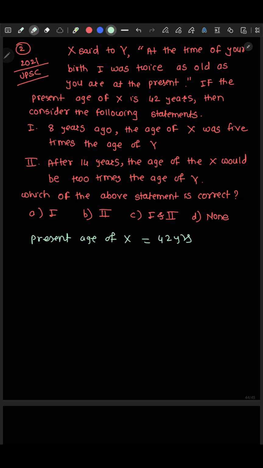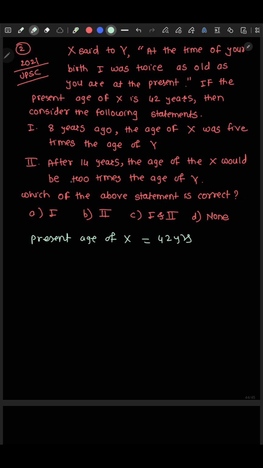They have given two statements. The first statement is: 8 years ago, the age of X was 5 times the age of Y. And the second statement is: after 14 years, the age of X would be 2 times the age of Y. We have to mark the statement which is correct: either 1, 2, both are correct, or none.